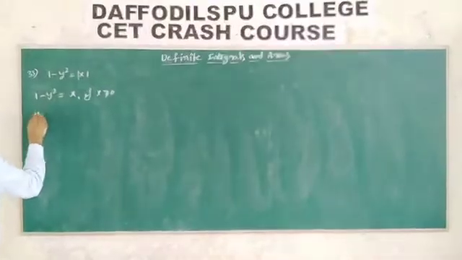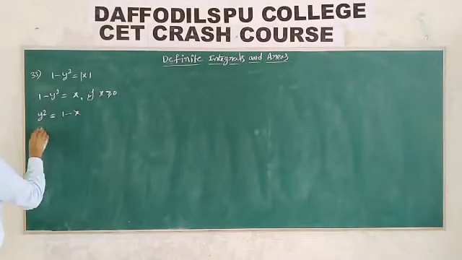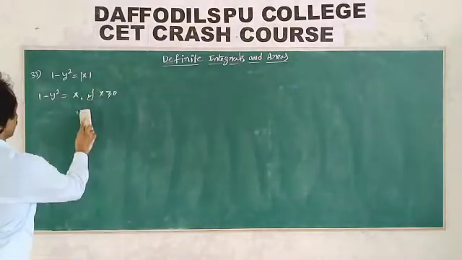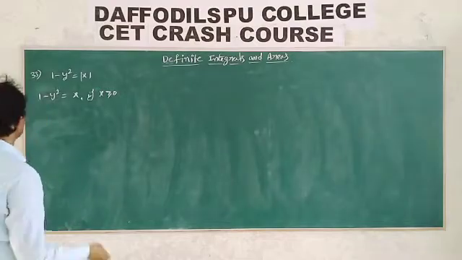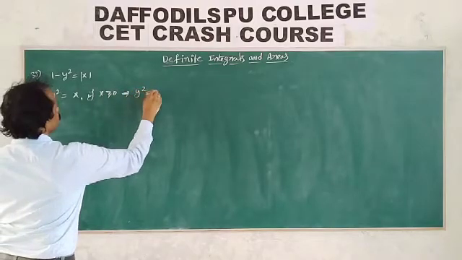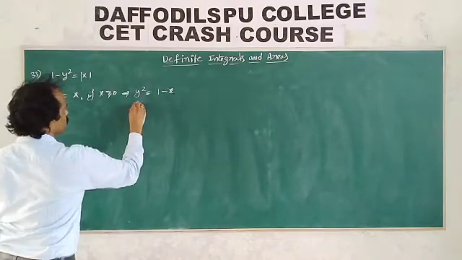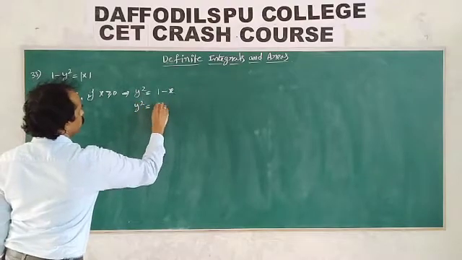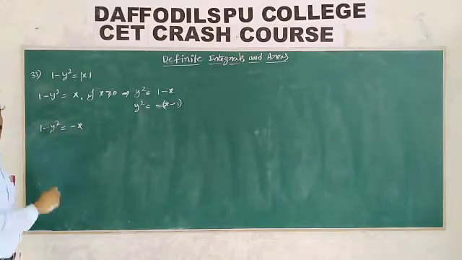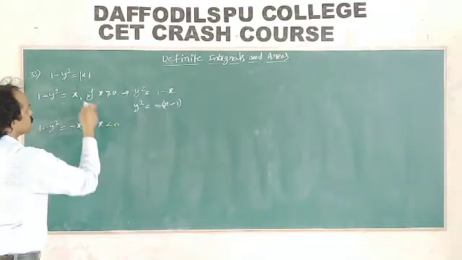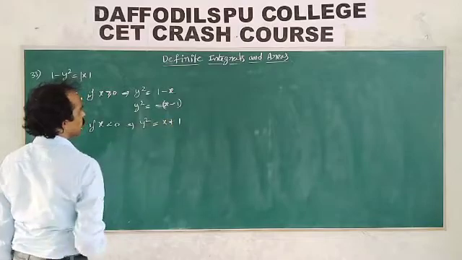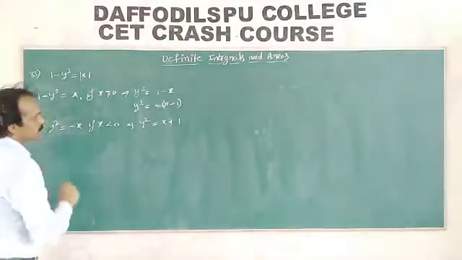So this can be written as y square is equal to 1 minus x, that is y square is equal to minus of x minus 1. And 1 minus y square is equal to minus x if x is less than 0. This gives y square is equal to x plus 1.